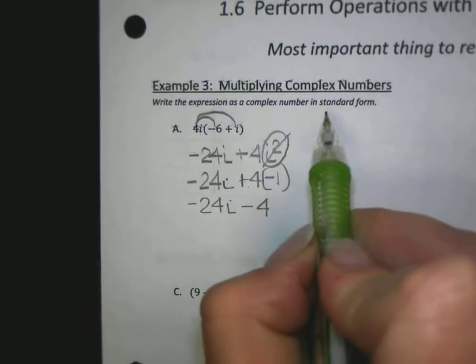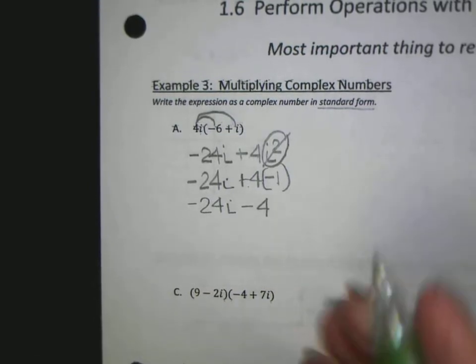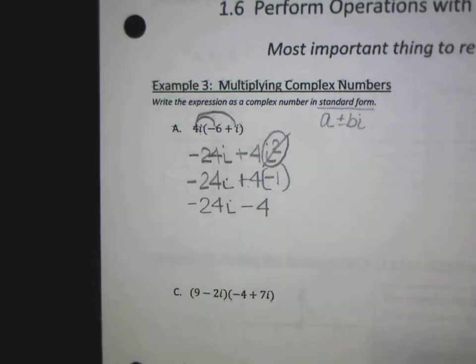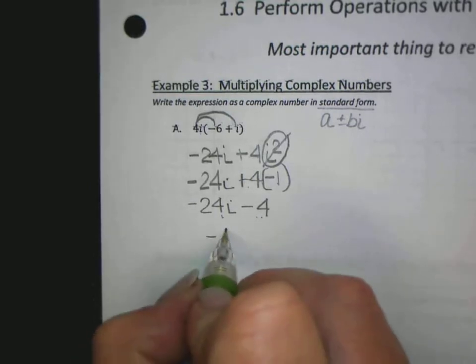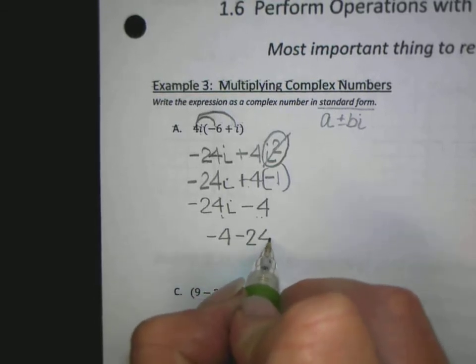But recall, back up here it says in standard form. So if you remember, in standard form, the real part of the number comes first, then the imaginary, because remember, standard form is a plus or minus bi. So this is your imaginary, this is your real. So for this to be in the correct standard form, you would have negative 4 minus 24i.